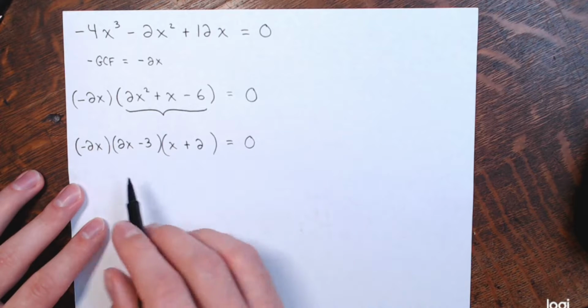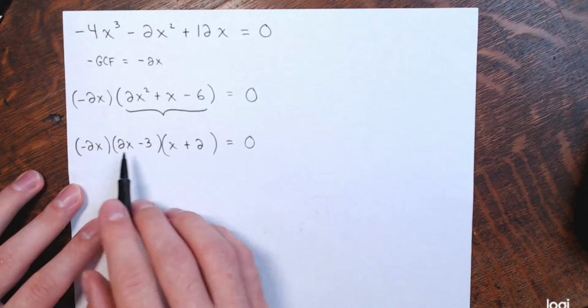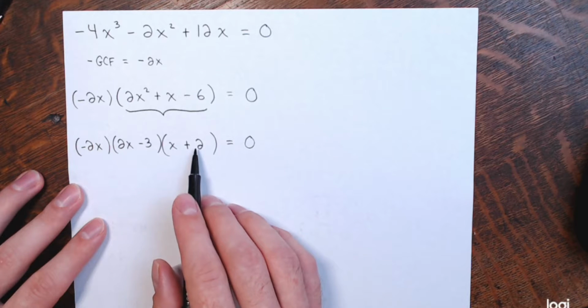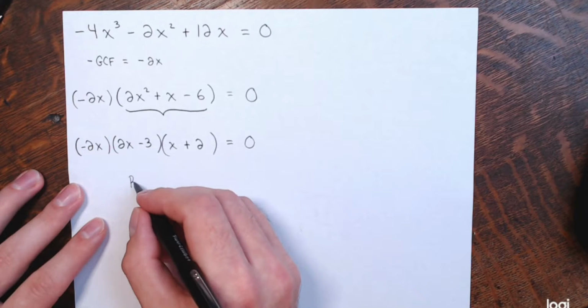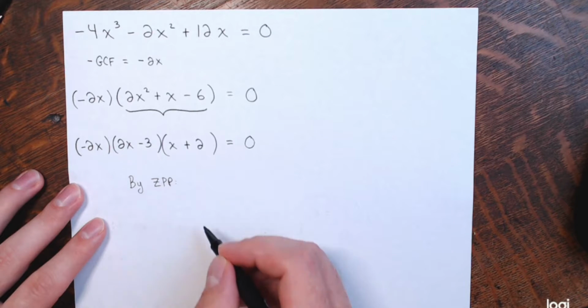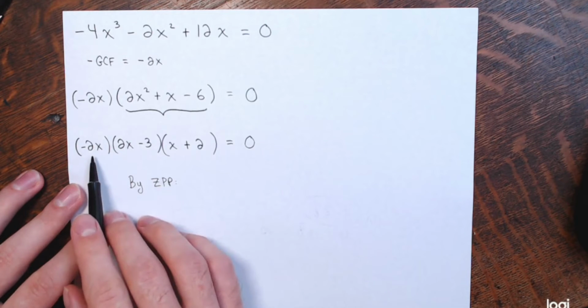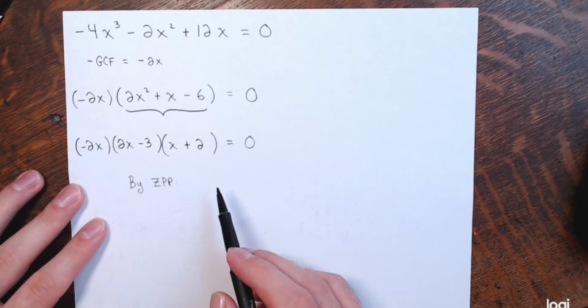Great. So now I have a product equal to 0, right? A completely factored polynomial on one side, 0 on the other. This is what I want. So by that zero product property now, right, ZPP, at least one of these factors must be 0 in order for this to be true.